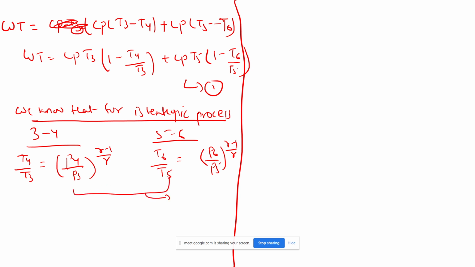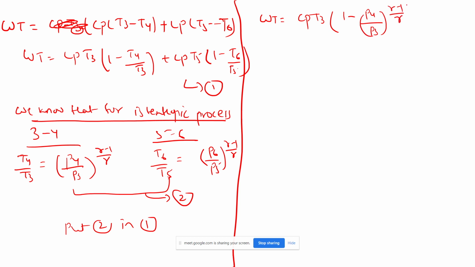This we will take as equation 2. Now we put 2 in 1. Work done by turbine equals Cp T3 times (1 minus (P4 upon P3) to the power (gamma minus 1) upon gamma) plus Cp T5 times (1 minus (P6 upon P5) to the power (gamma minus 1) upon gamma).